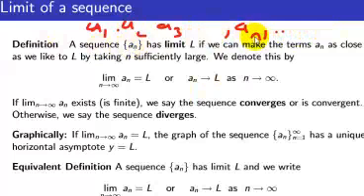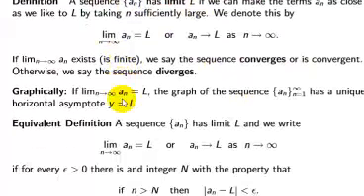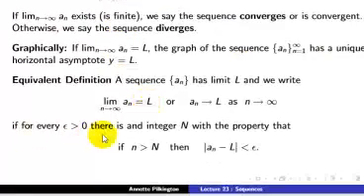As n tends to infinity, the index tends to infinity. This list of numbers approaches a number called L. This is called the limit of this sequence. We try to understand this graphically, and we try to understand the definition.